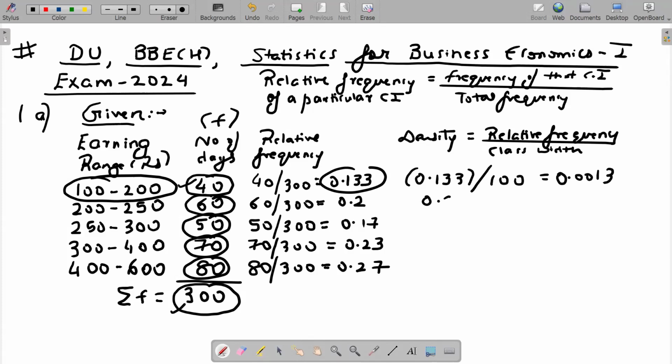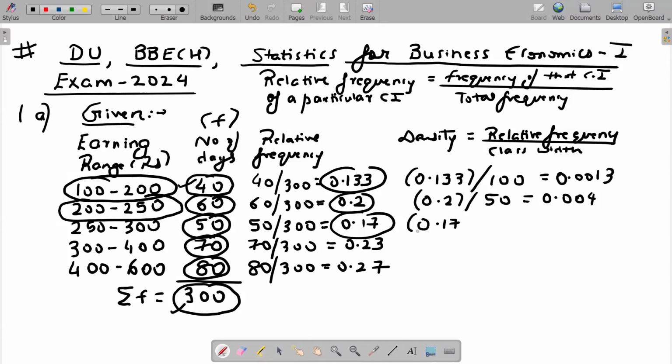Here it's going to be 0.2 divided by, what's the class width here? 250 minus 200, which is 50. Comes out as 0.004. Then 0.17 divided by, what's the class width here? 300 minus 250, which is 50, comes out as 0.0034.